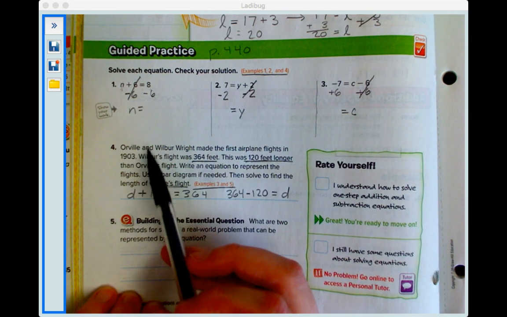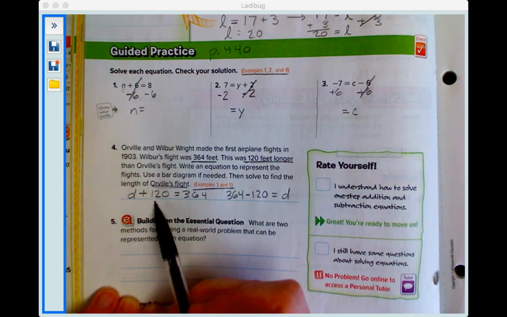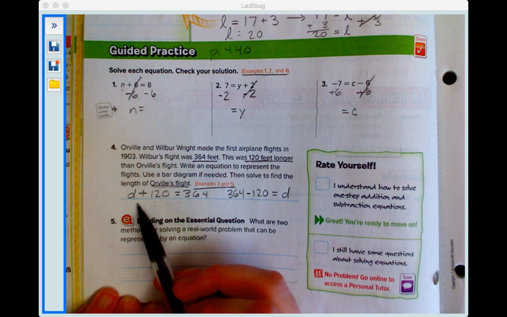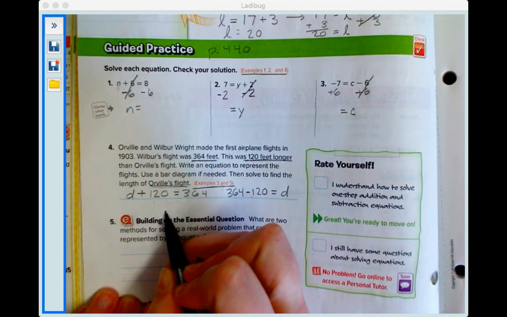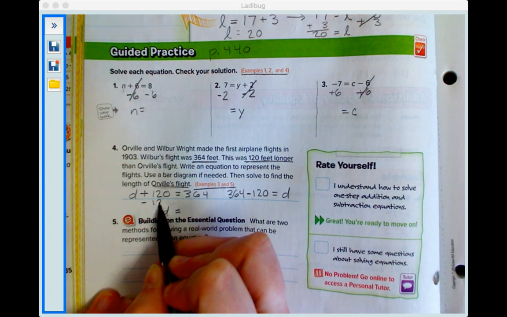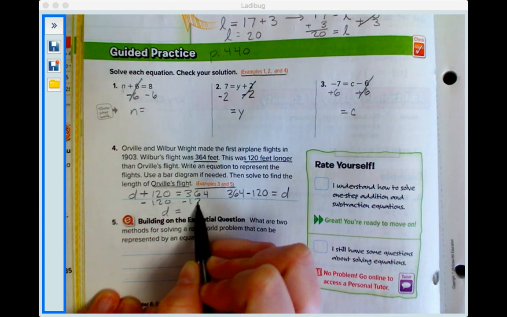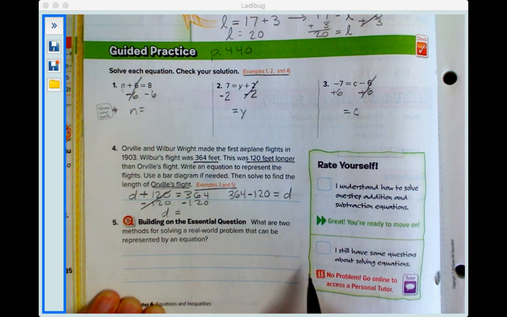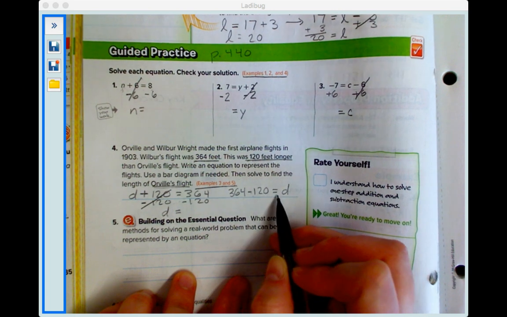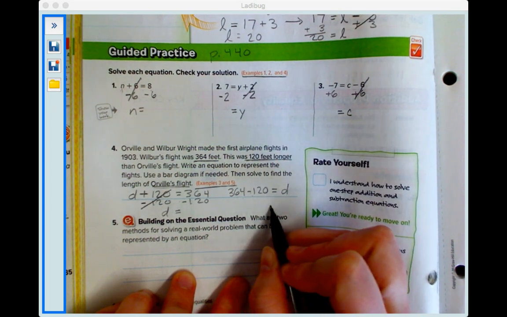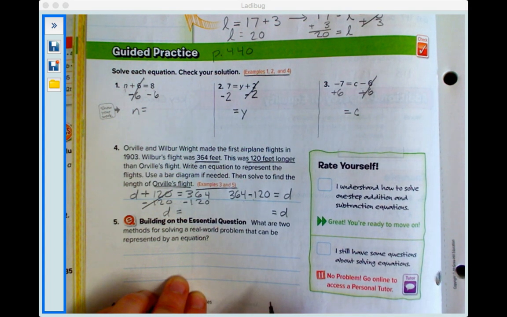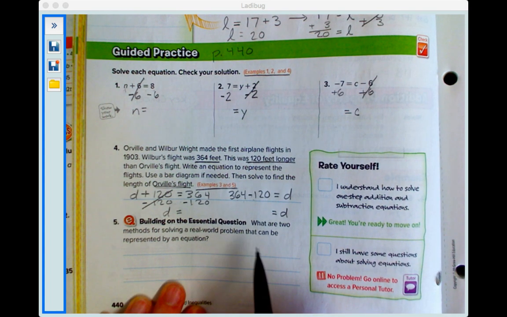Now, using our skills from up here, use whichever problem you prefer to solve for D. D equals, and if you would do this one, it'd be minus 120 to both sides. Or if you do this one, just do simple subtraction equals D. Please solve on your own before moving on to the next page.